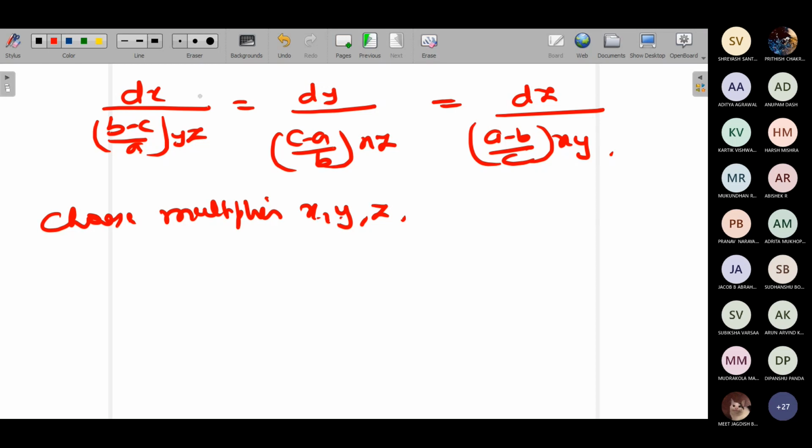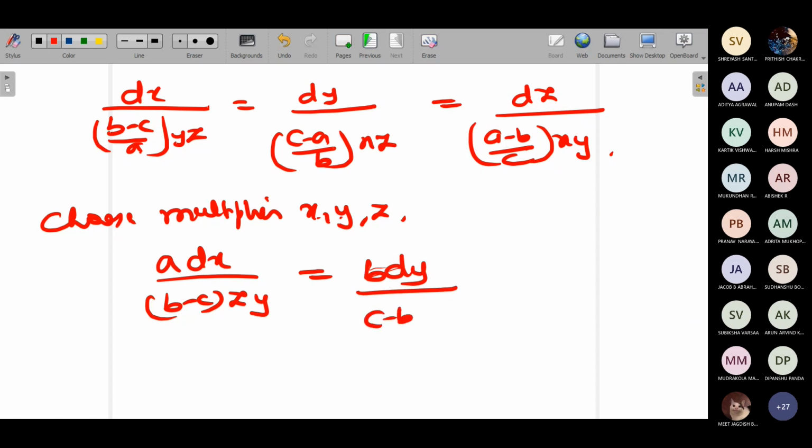I'm rewriting this given subsidiary equation as a into dx divided by b minus c into yz is equal to b into dy divided by c minus a into xz is equal to c into dz divided by a minus b into xy. Now what have I chosen?